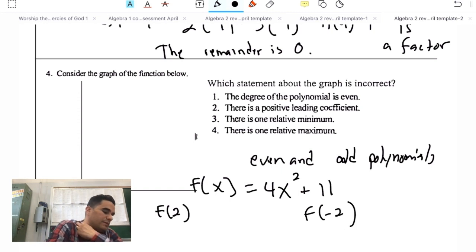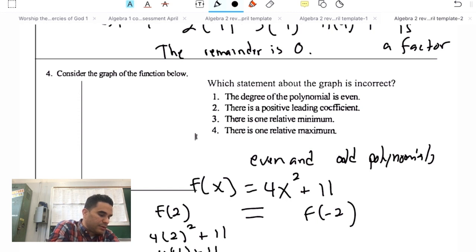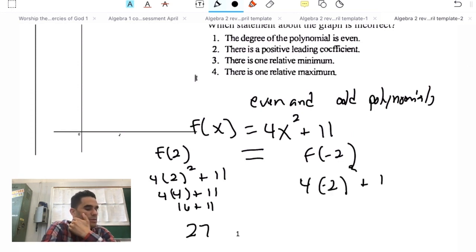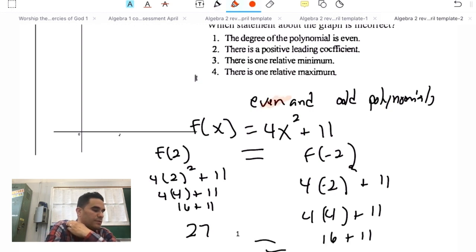If it's even, they're going to be equal to each other. If it's not even, then they're going to be the negative of each other, pretty much the same with the signs changed. So 4 times 2 squared plus 11 is 4 times 4 plus 11, 16 plus 11, that's 27. And then 4 times negative 2 squared plus 11, that's 4 times 4 plus 11, 16 plus 11, that's 27. They're equal, so therefore this is an even function.